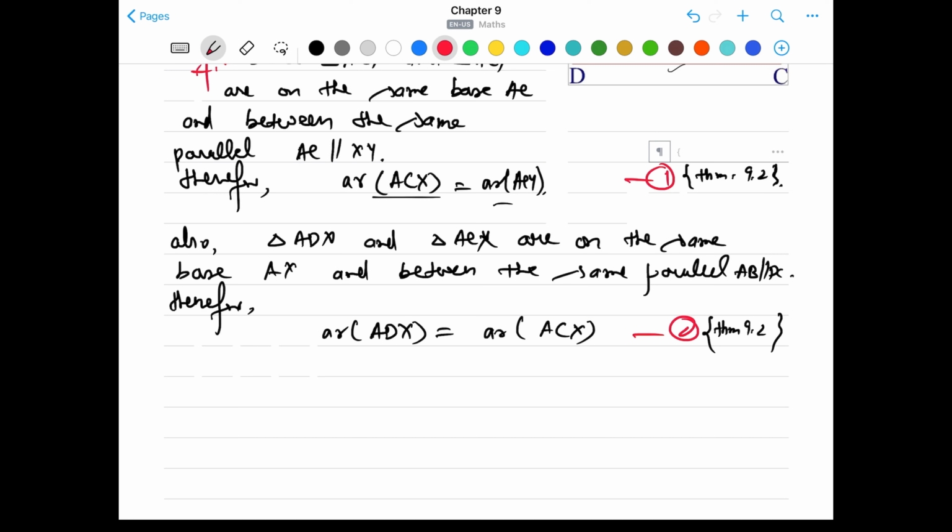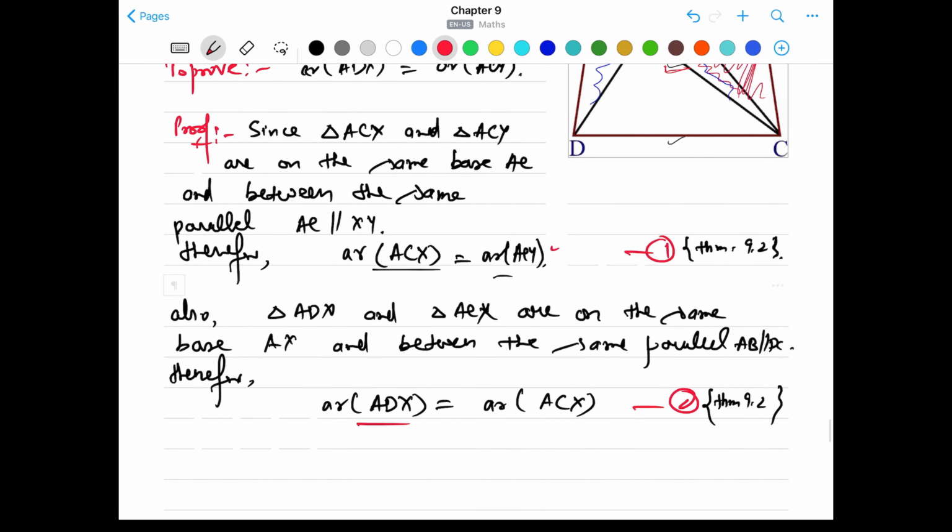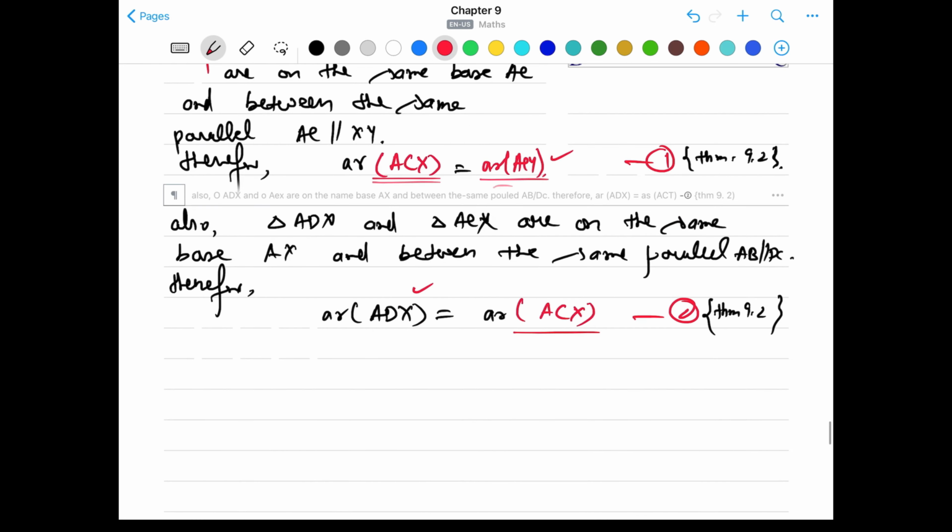So now from equation 1 and 2 what we get is the area of ACX is equal to ACY, and here the area of ACY equals ADX. That means the area of these two will also be equal, okay.